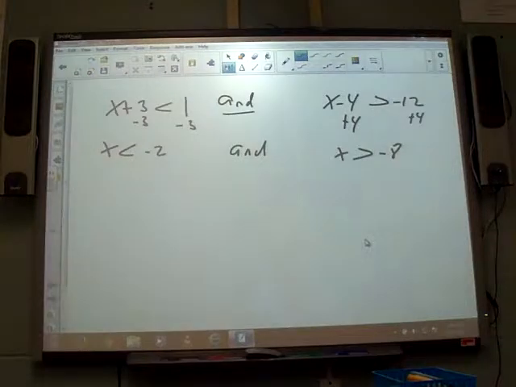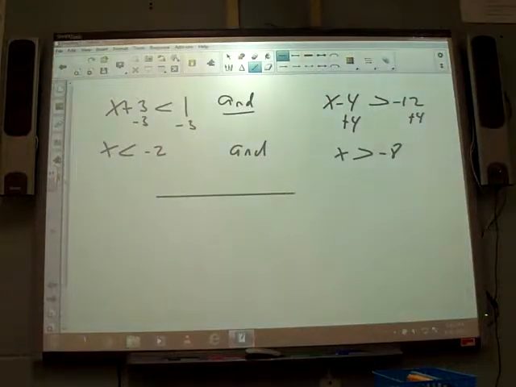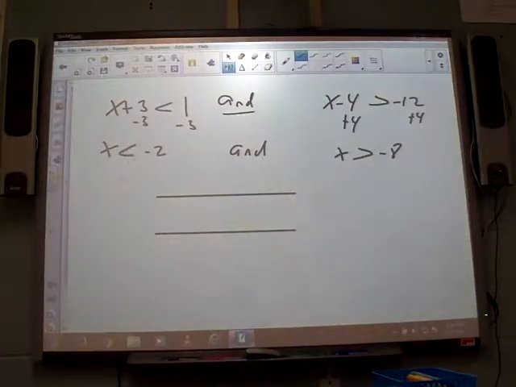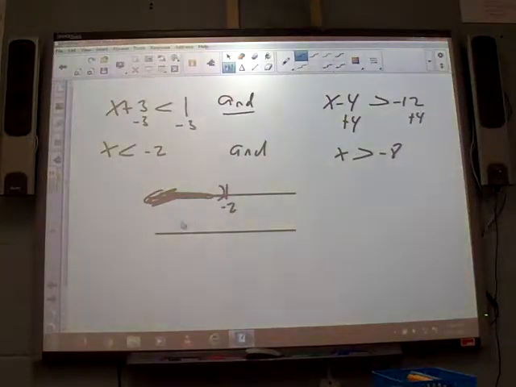When I start with you on this, I'm going to initially give us 2 number lines, and we're going to put them separate. This is not my answer. This is just me trying to get you to visualize how this works. If I take my first one, x is less than negative 2, it would look like that, right? My second one, x is greater than negative 8.